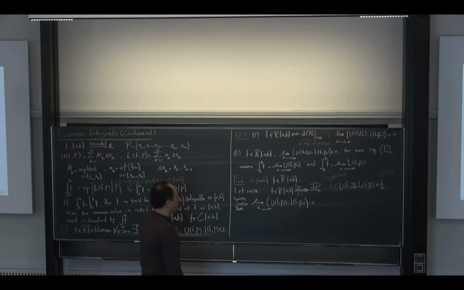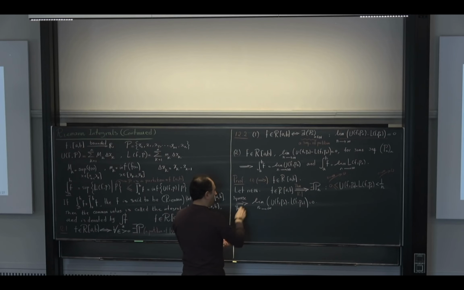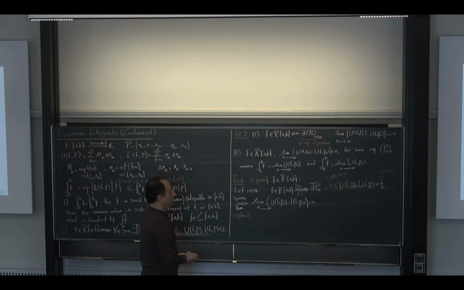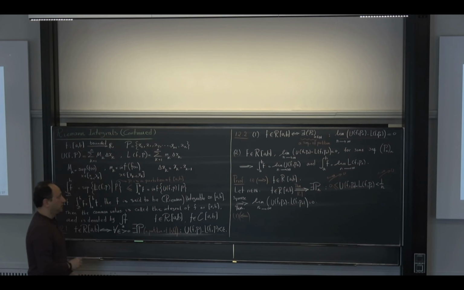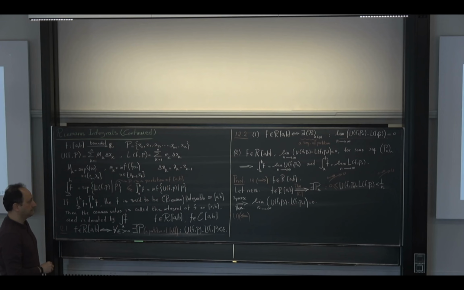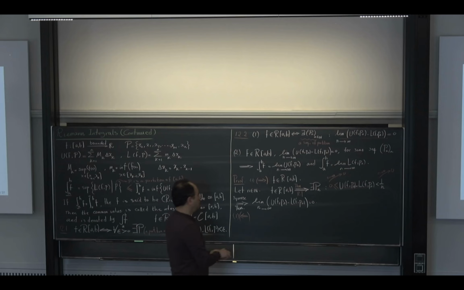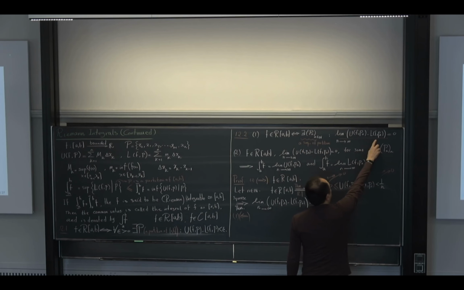Part 1 from left to right. Now again, part one from right to left. Okay, so this time what I know is that there is a sequence of partitions for which this works.